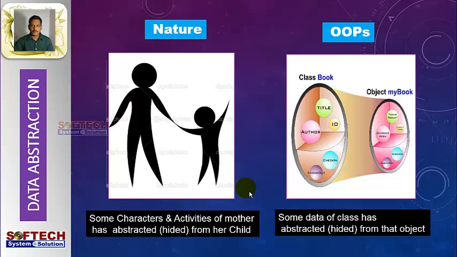Example, the rose plant. The rose plant is a class, so the object is the rose flower, but we use the flower. All properties and methods are stored in the rose plant.